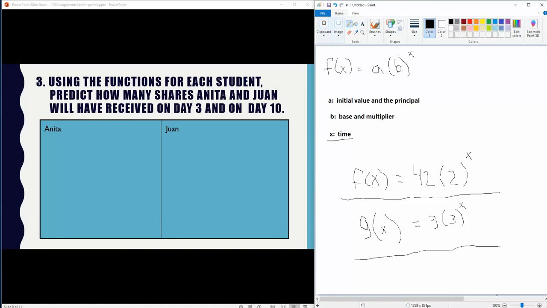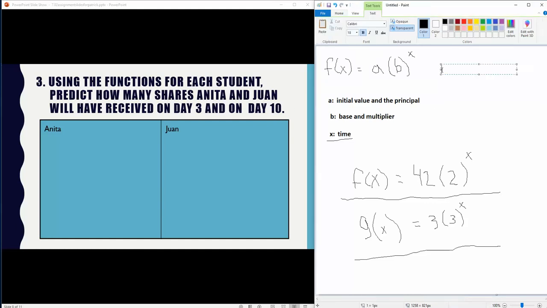So if we come up here, we are literally going to plug in these values and show the math work on the assignment. So when we're looking at something like this one, and they want us to figure out on day 3 and day 10, we've got that value of x, which represents the amount of time.